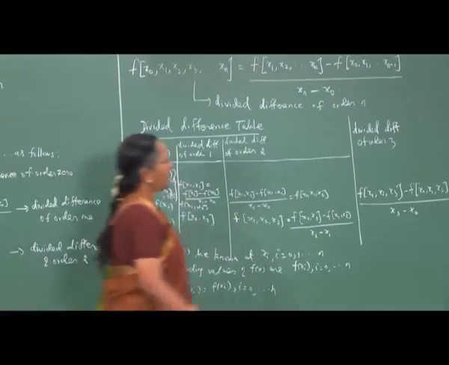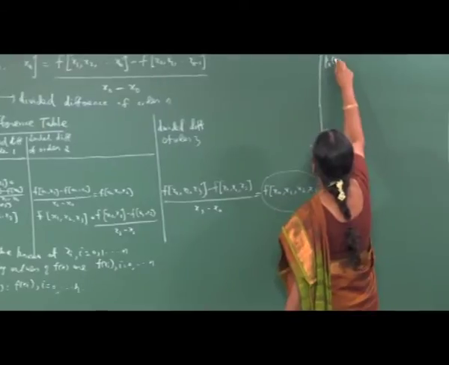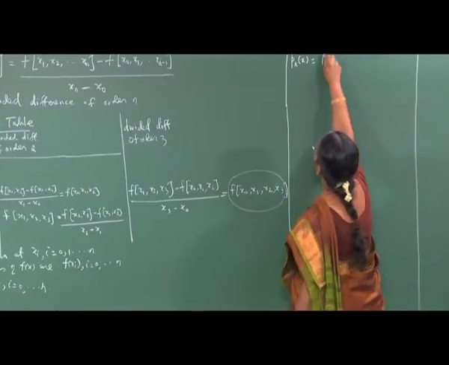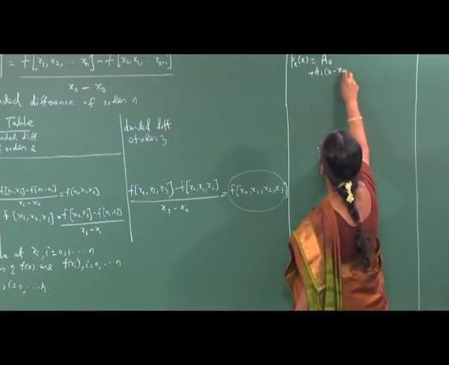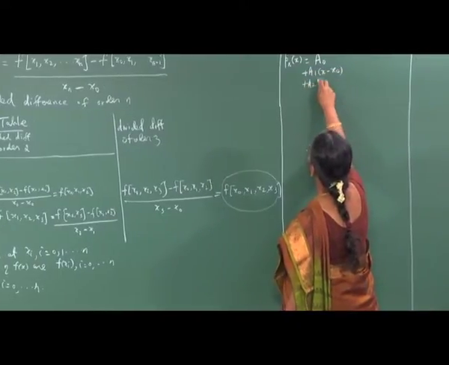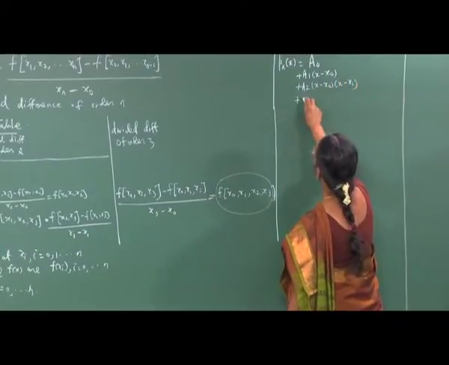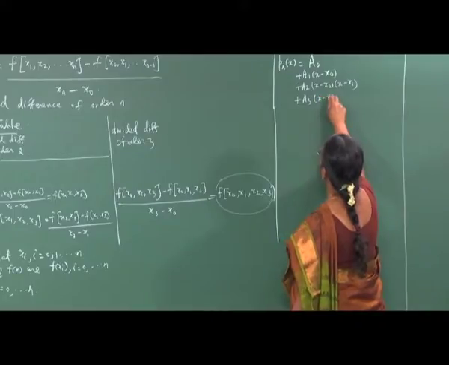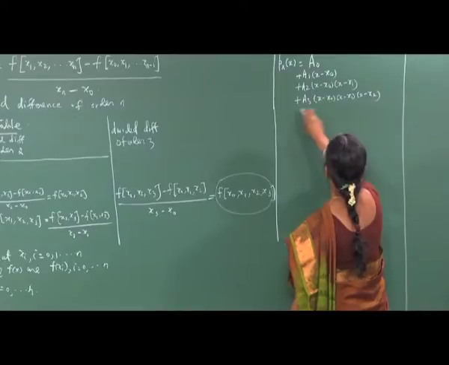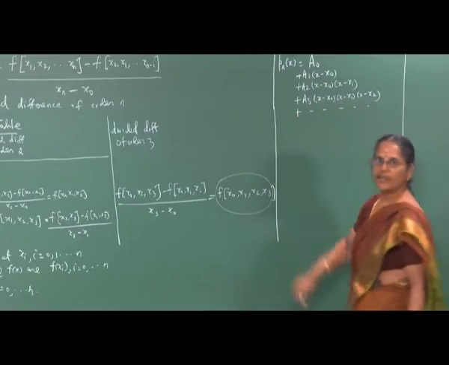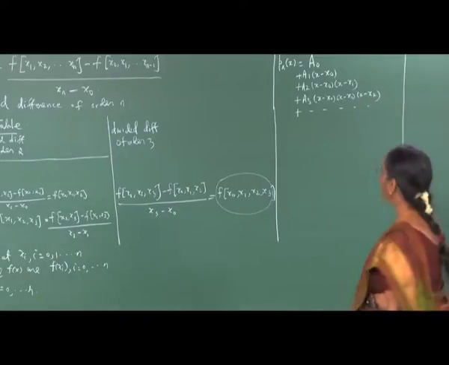So, in order to do that, let us write down the polynomial Pn of x in this form. Namely, let it be a naught plus a1 into x minus x naught plus a2 into x minus x naught into x minus x1, plus a3 into x minus x naught, x minus x1 into x minus x2, plus etc. Now, you know the pattern in which every term is added to this polynomial.